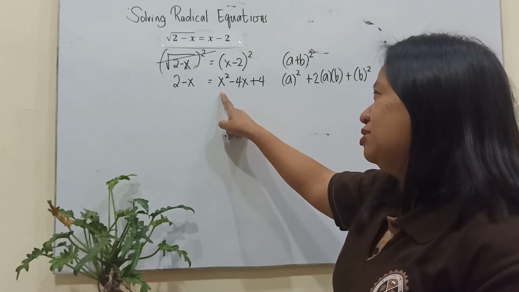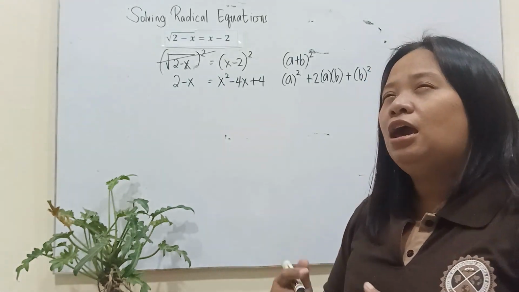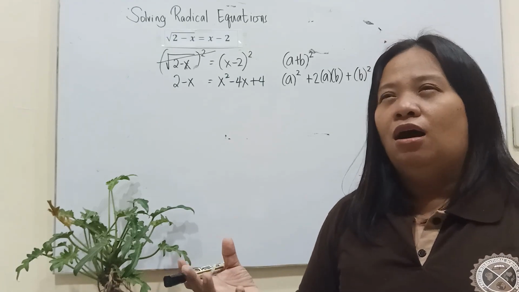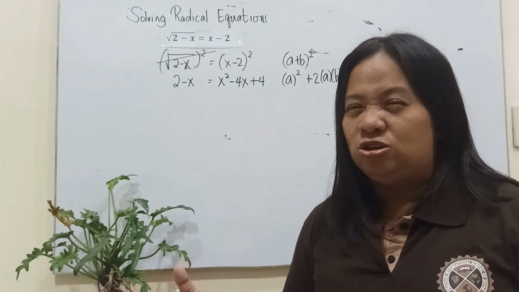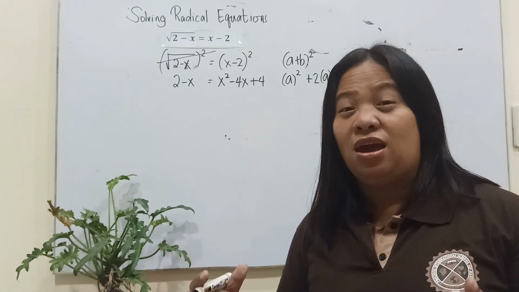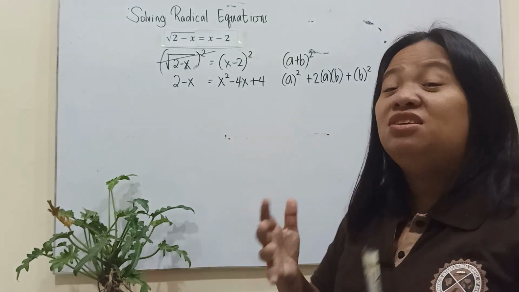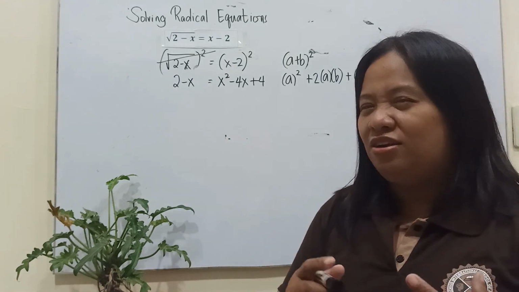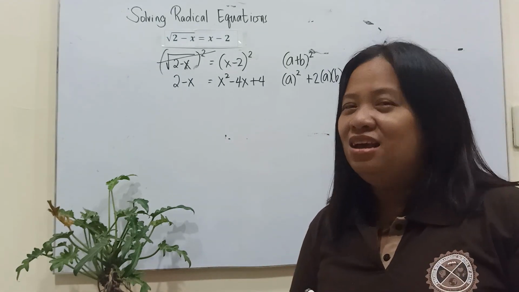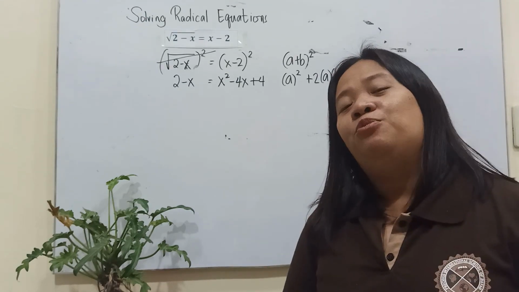Why? Because if I transpose x squared to the other side, it will become negative x squared. Then, we would divide or multiply both sides of the equation by negative 1, so that negative x squared again becomes x squared. It's a little bit of a hassle, but even if you do that, we would still come up with the same answer.